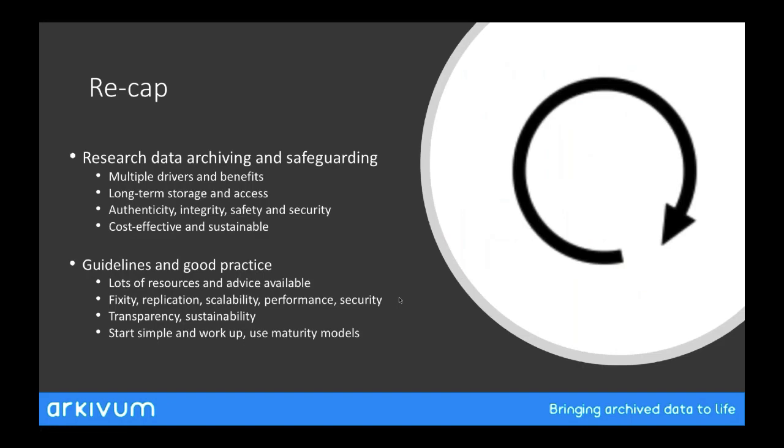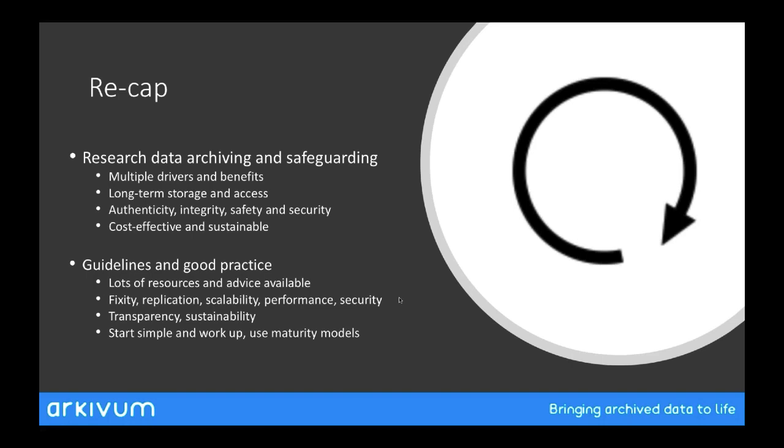So we've made it to the end of part 1. So to recap very briefly, we've looked at the drivers and motivations for keeping research data, the characteristics that are needed from long-term storage, the fact that there's no one-size-fits-all solution, and there are trade-offs between cost and safety and accessibility.